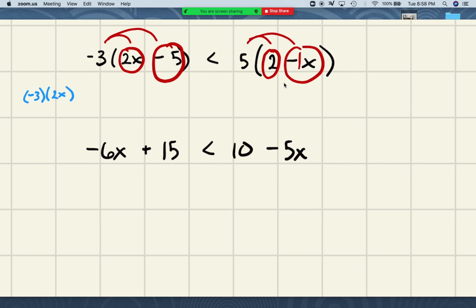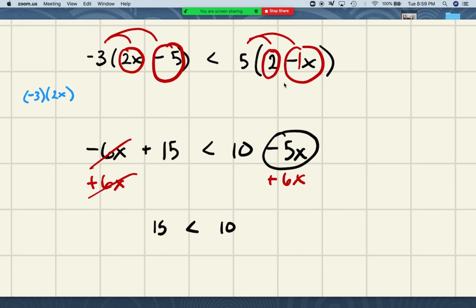And then from here, the steps were, I think you probably would have added 6x to both sides, because this is the way you had been doing it. So then 15 less than 10, and now we're considering it as separate pieces again. So now it's not really a minus 5x as much as it's a negative 5x, because we're just dealing with this piece.